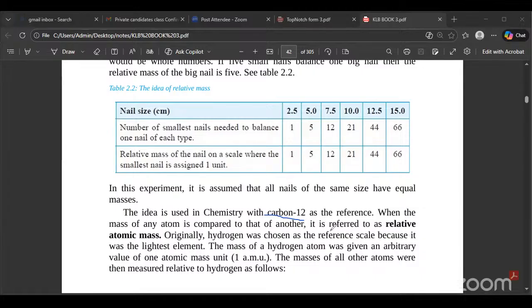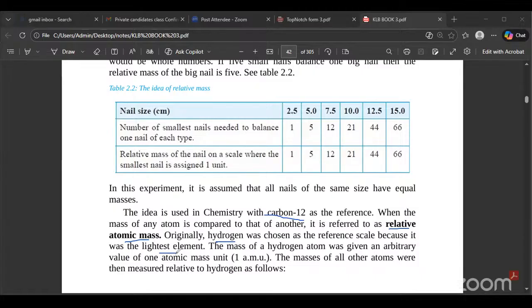So when the mass of an atom is compared to that of another, it is called the relative atomic mass. So originally, that is what I was saying. A while back, we were using this. We used hydrogen because it was the lightest element. We were using it as an arbitrary value in comparison to the others.